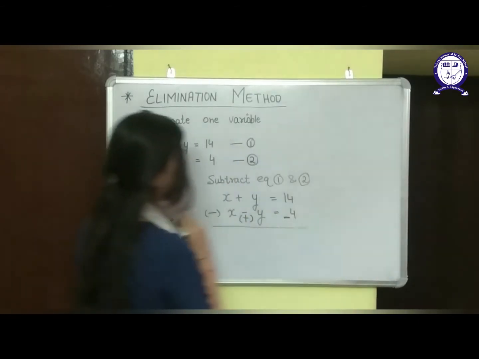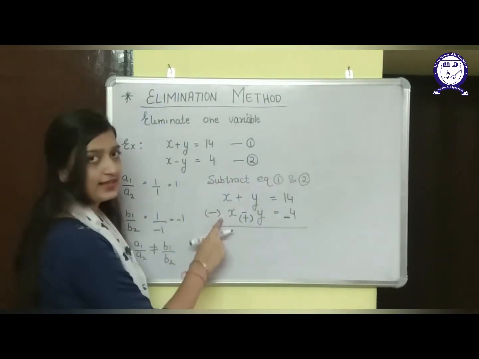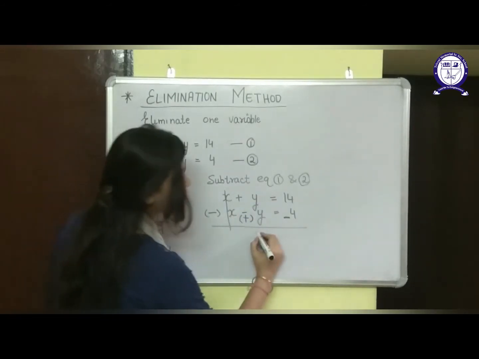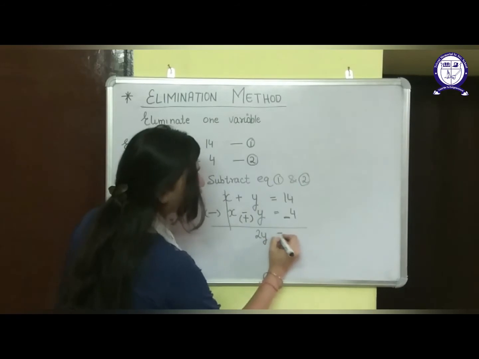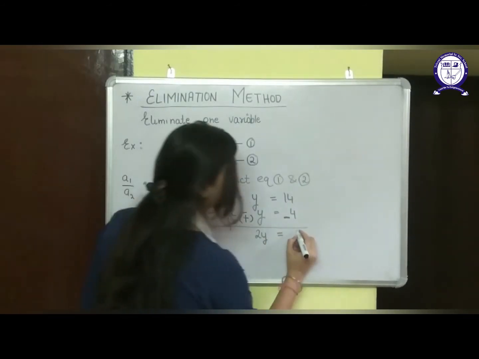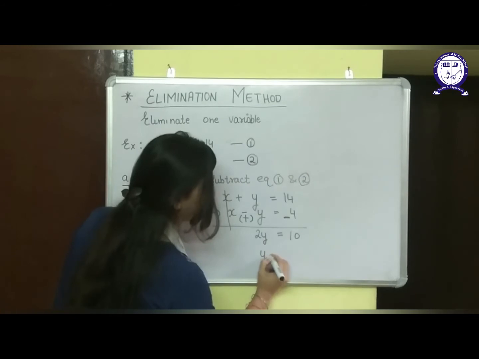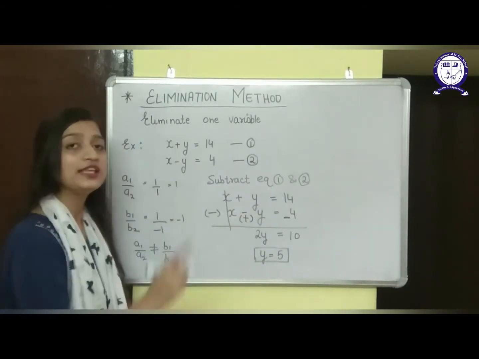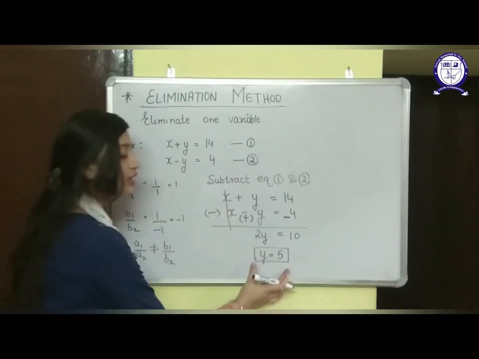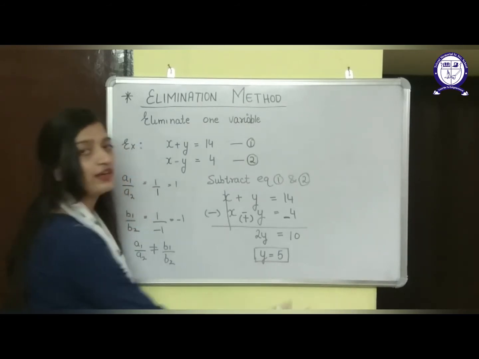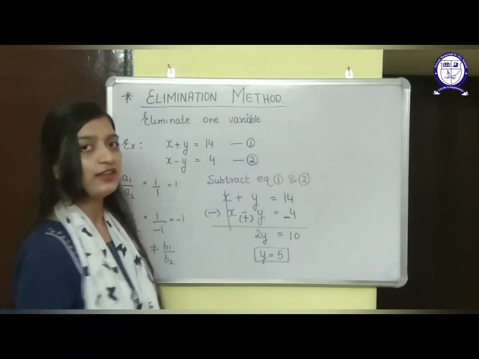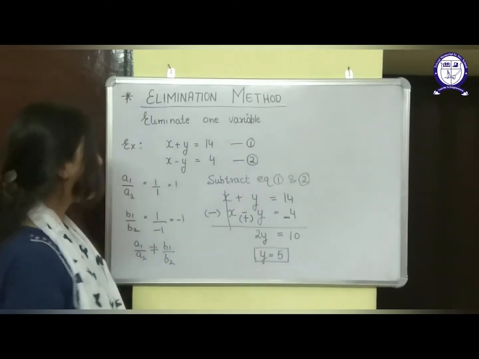So this x will become minus, this will become plus and this will become minus. Again, now I can see x minus x, that is my eliminated variable. y plus y is 2y, and 14 minus 4 is 10. So y will be 10 divided by 2, that is 5. You can see that when we used the addition method, there also I got the value of y as 5 and x was 9. So let's see whether my x comes out to be 9 or not.